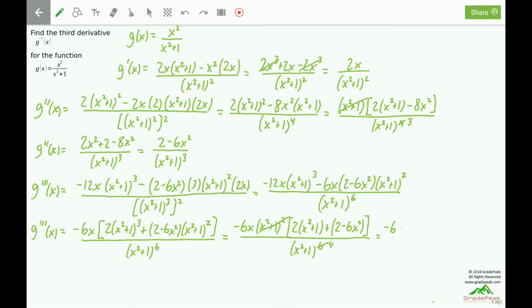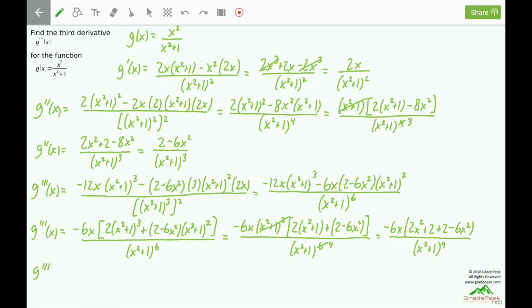Now in the numerator, I have the negative 6x, and in the square brackets I'm going to distribute this 2 in here. 2x squared plus 2. I'm going to remove the parentheses here by distributing the positive 1 into there, so I have a plus 2 and minus 6x squared, all over that denominator, x squared plus 1 to the 4th. I can now combine like terms in the numerator and the parentheses.